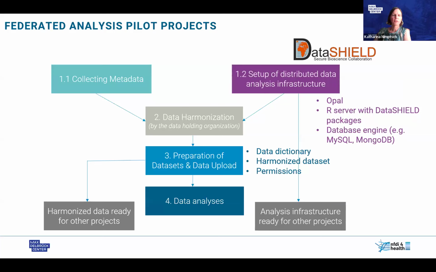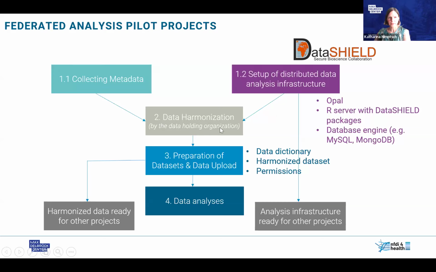And so these federated analysis projects have several steps. One is collecting the metadata, and the other one is to set up the DataShield and Opal environment. So the Opal server needs to be installed at the data holding organizations, an R server with the DataShield packages and a database engine also.